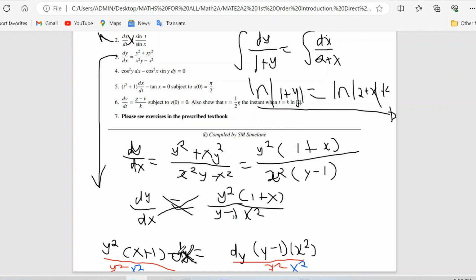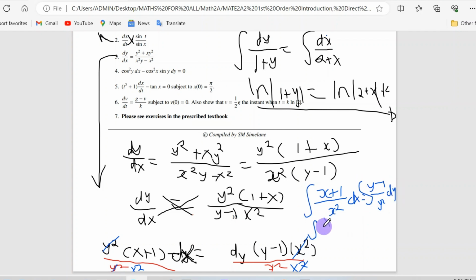Cancel, cancel. So now we have (x plus 1) divided by x squared dx is equal to (y minus 1) over y squared dy. Then we have to apply direct integration.